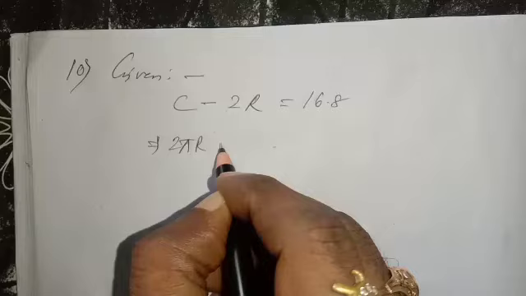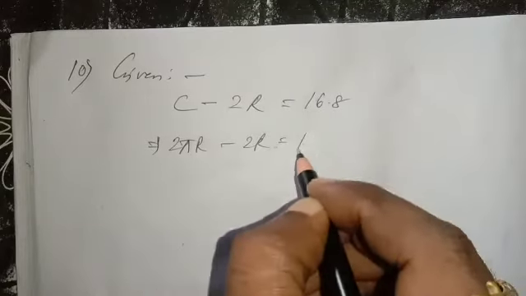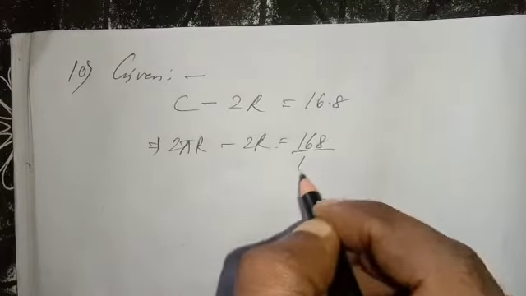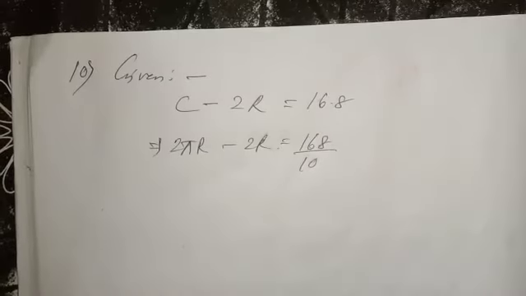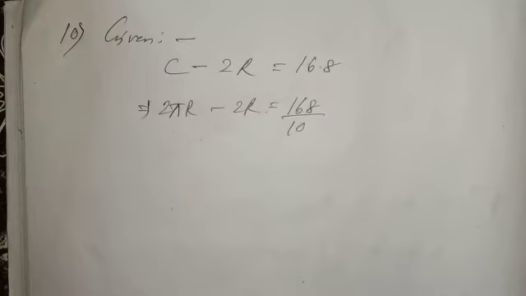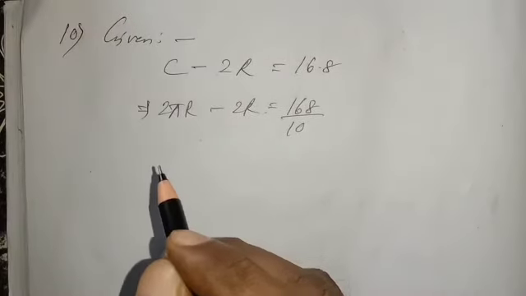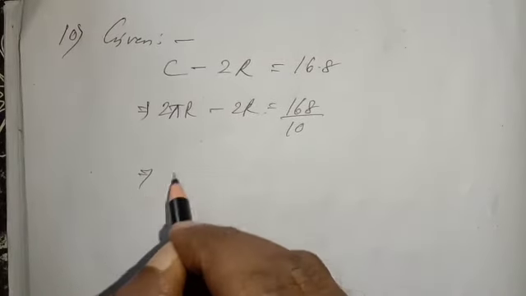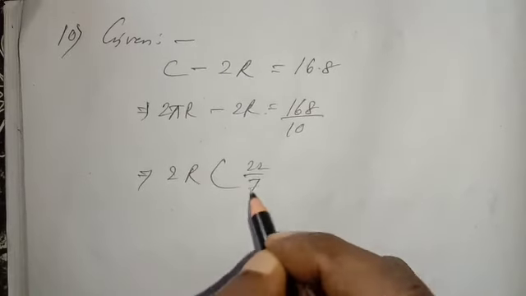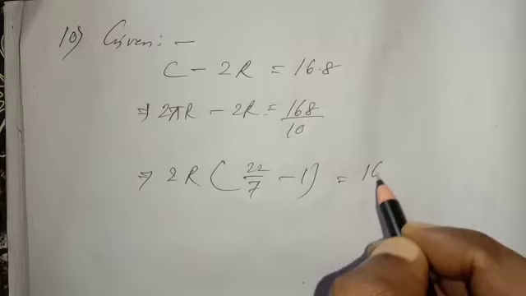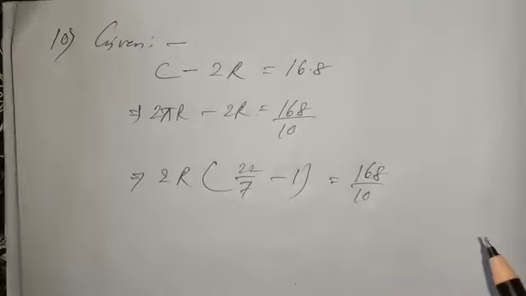2 pi r minus 2r equal to 168 by 10. Then take 2r common. Taking 2r common, left pi means 22 by 7 minus 1 equal to 168 by 10.